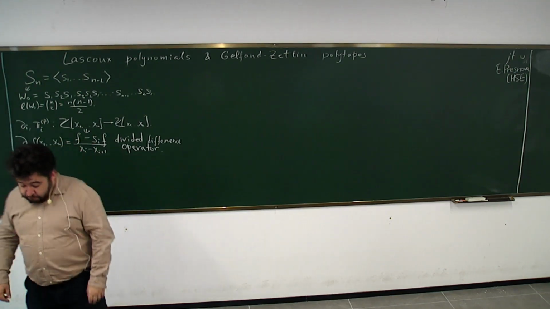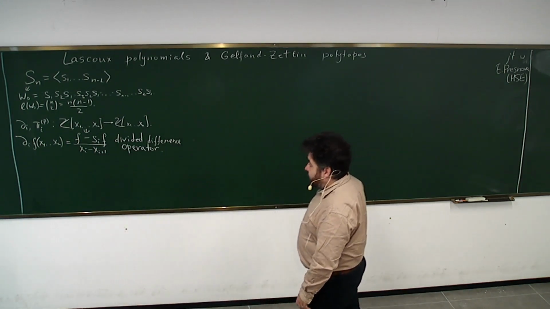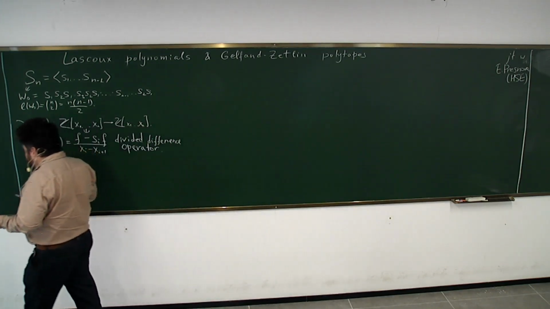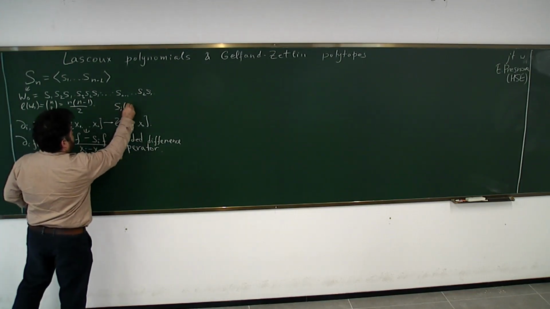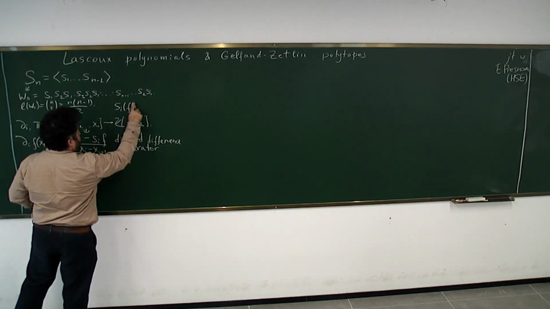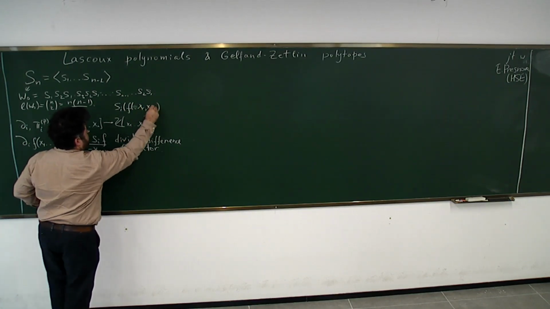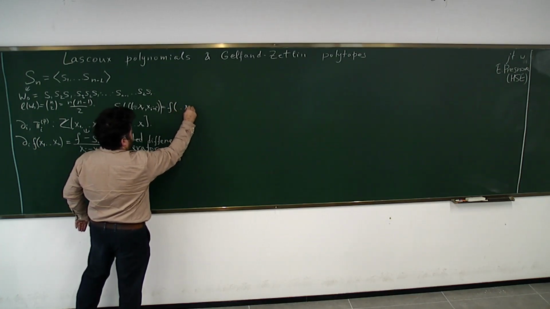What else can we do? I want to get an operator that preserves the degree. Si of f just changes the variables xi and xi plus 1.